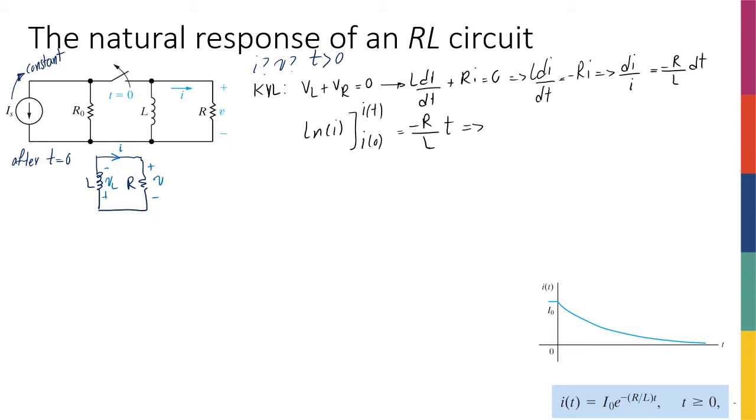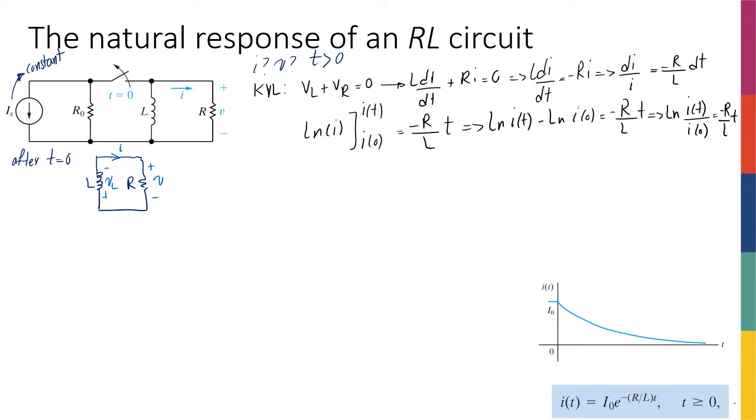This tells me that ln of i(t) minus ln of i(0) is equal to negative R over L times t, and that tells me that ln of i(t) over i(0) is equal to negative R over L times t.